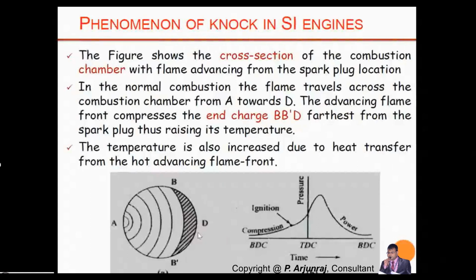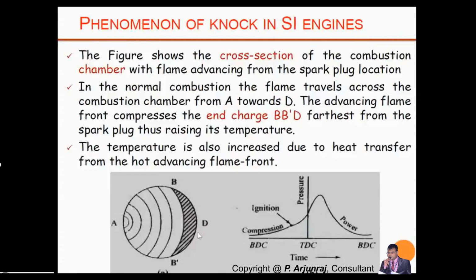And you have the diagram of the timings. The first stage is the piston moves from TDC to BDC.